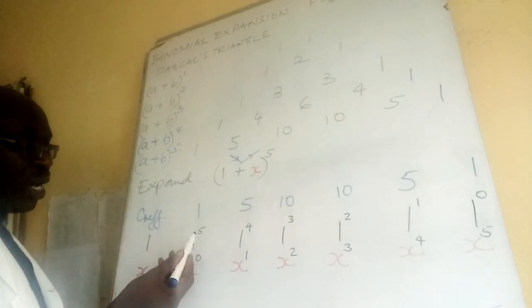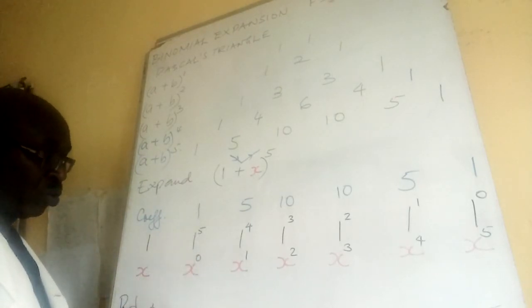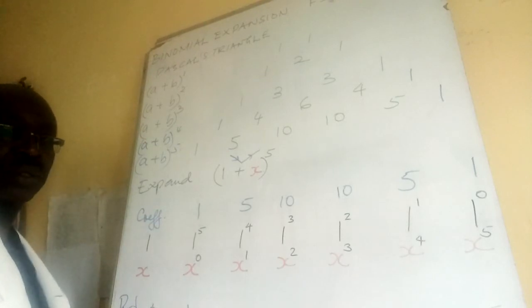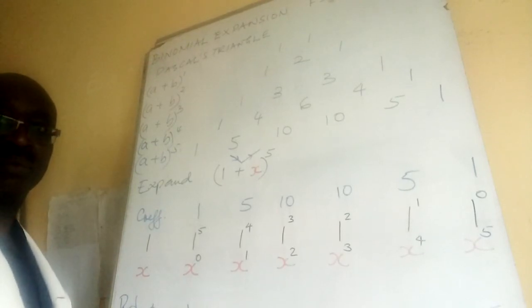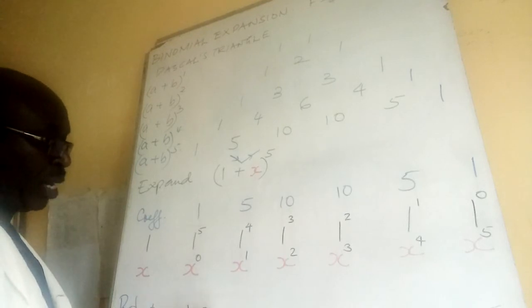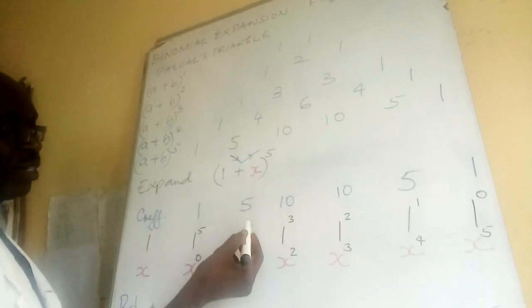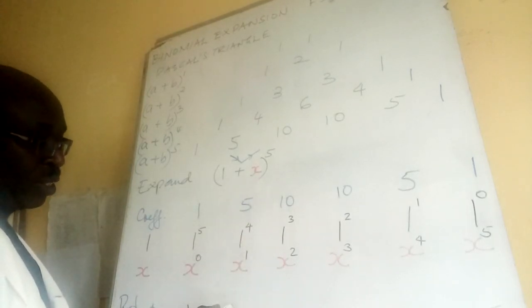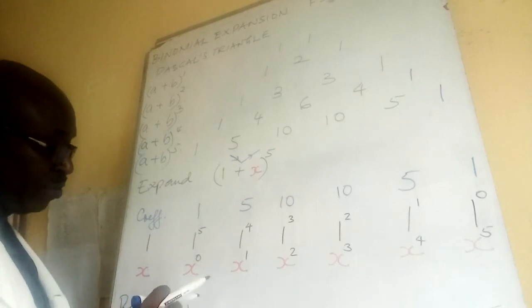1 times 1 times x to power 0 is 1. Plus 5 times 1 times x becomes 5x.